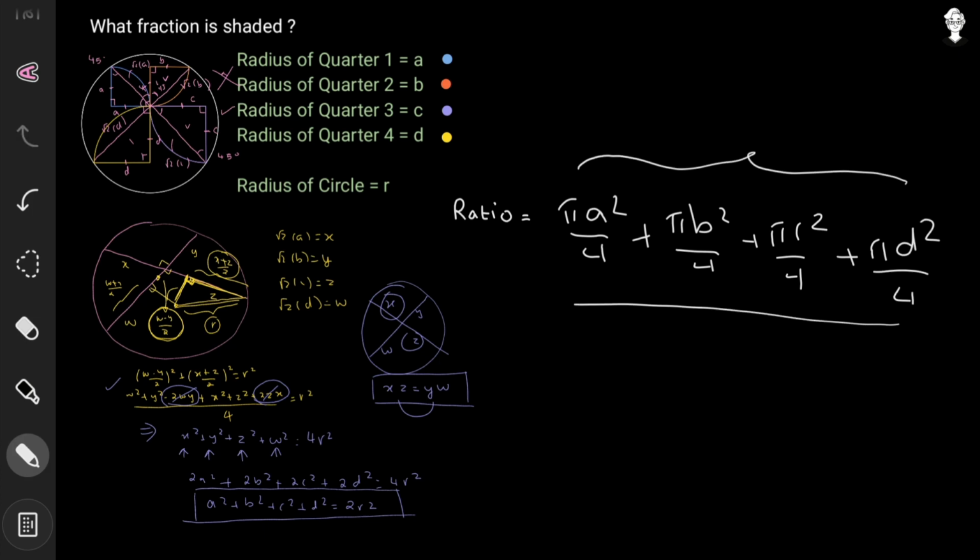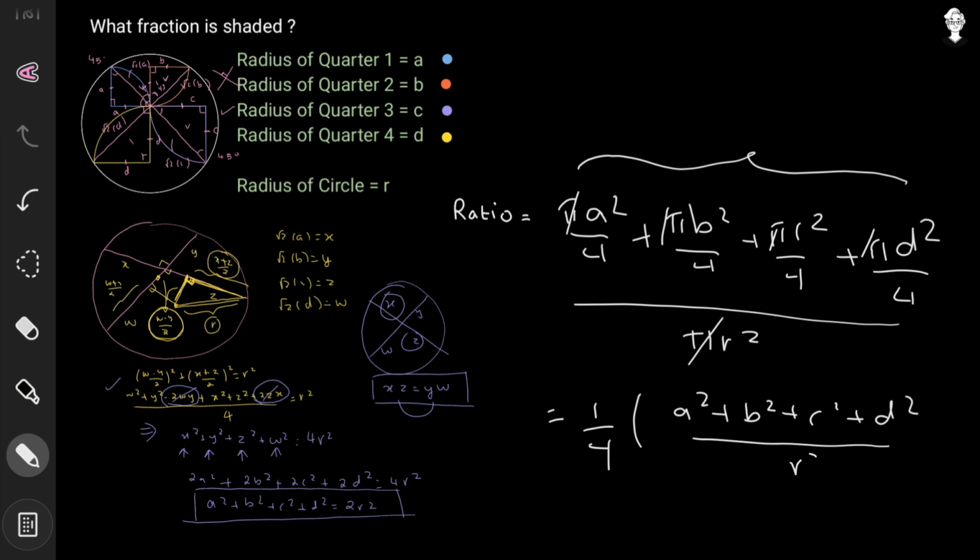Now upon the area of this circle. The radius of the circle we have taken as r, so the area would be pi r square. Now we can say that all the pi got factored out, and from the numerator we can take 1 upon 4 common. So inside the bracket it is going to remain a square plus b square plus c square plus d square, and in the denominator we have r square. Now remember this particular equation, that a square plus b square plus c square plus d square is 2r square.